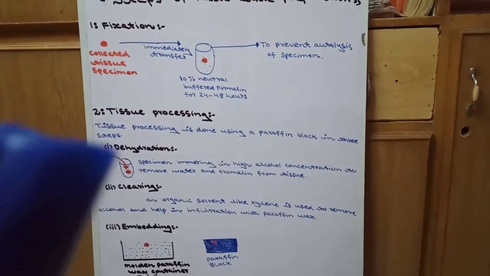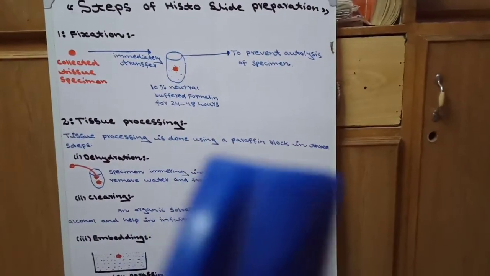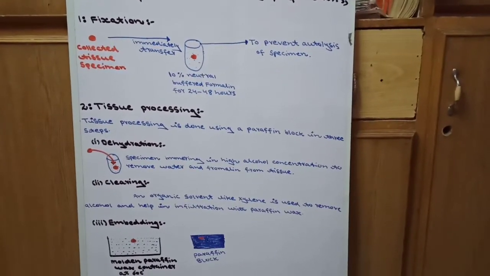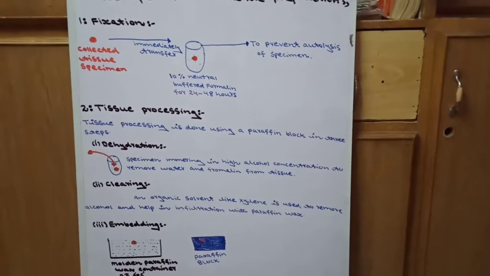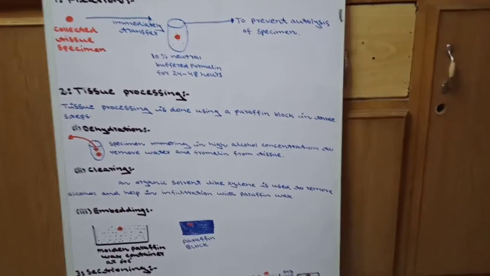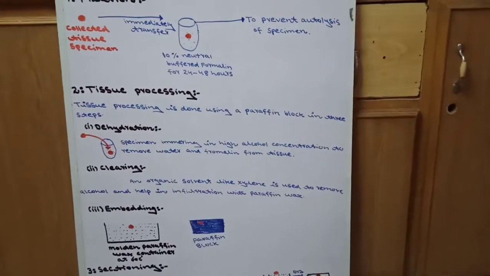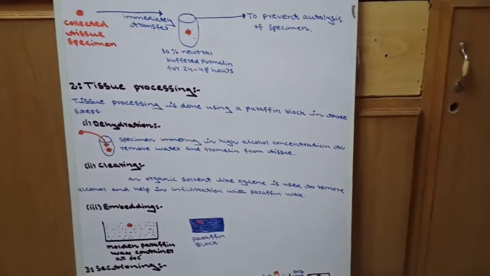Tissue processing is done using a paraffin wax block in 3 steps. Mean there are 3 steps inside tissue processing, or tissue processing consists of a further 3 steps.